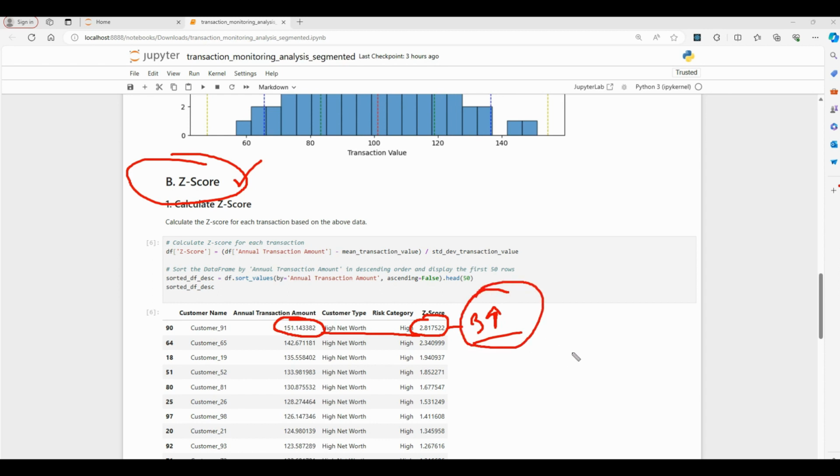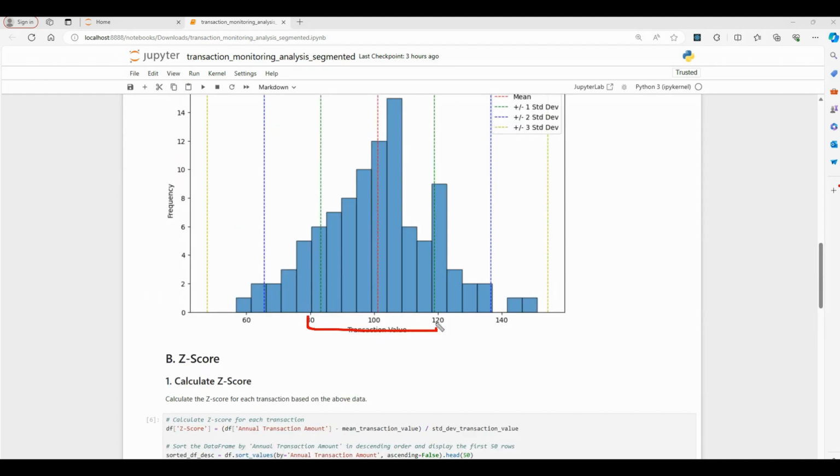Hence, understanding the characteristics of the client segment is crucial. In some cases, suspicious activity may be concentrated in a smaller segment rather than a large subset of clients.